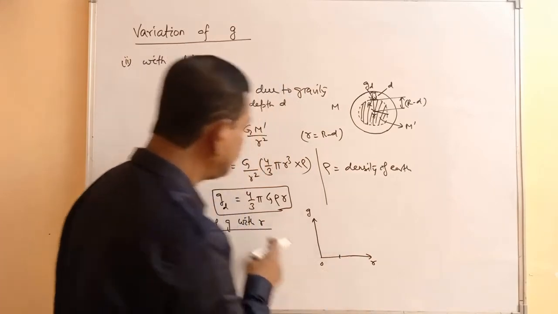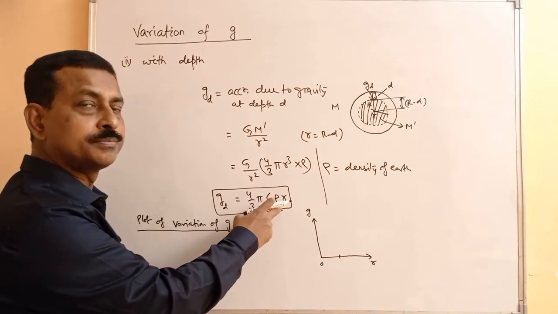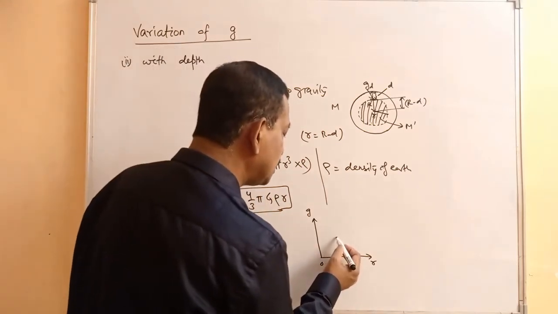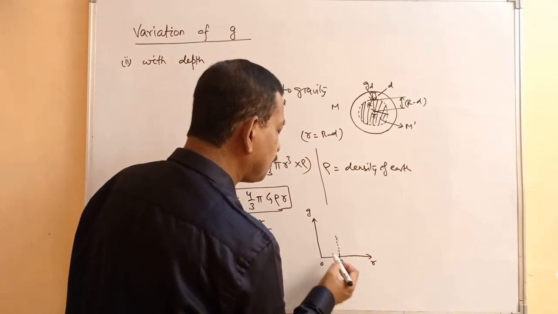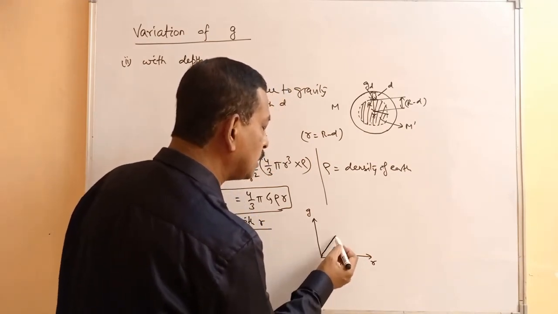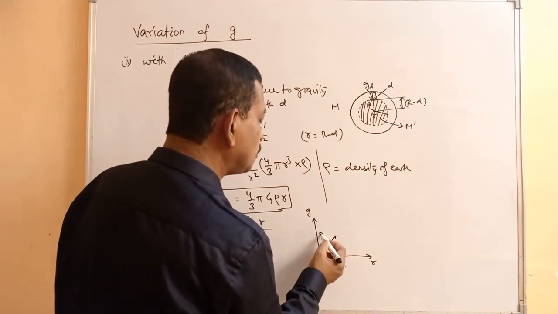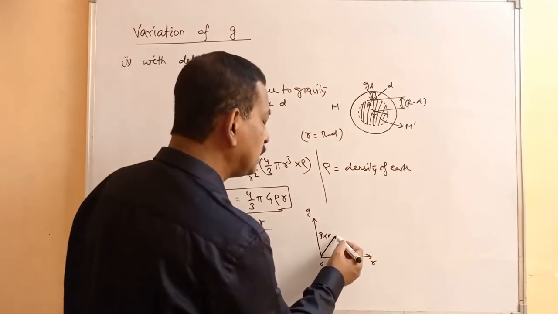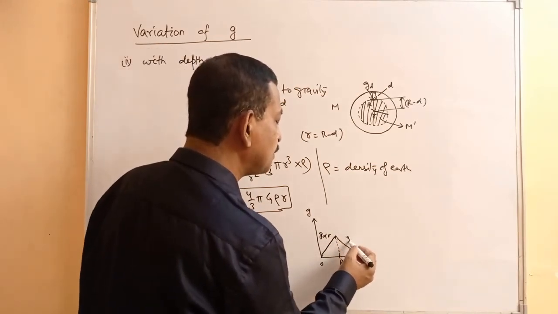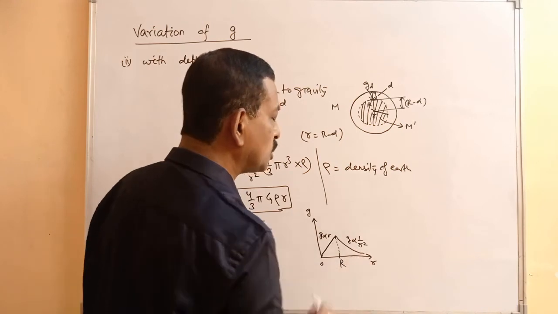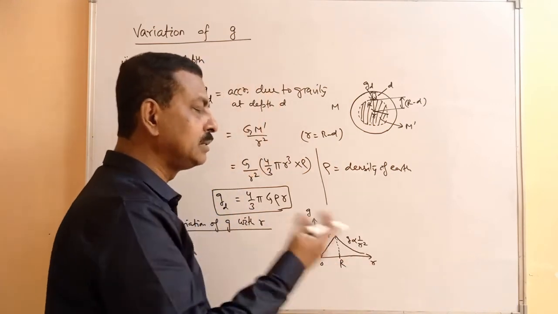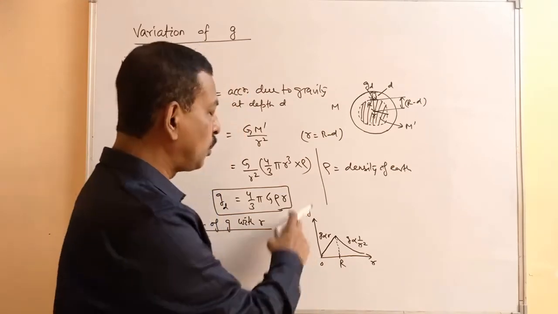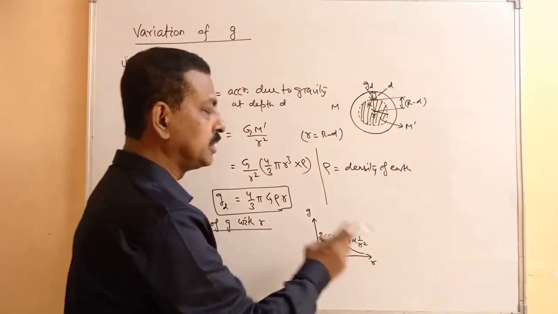We know that up to the radius of the Earth, g is directly proportional to r. After that, g varies inversely as the square of the distance, when r is greater than capital R, the radius of the Earth. So this is the plot of variation of g with distance.